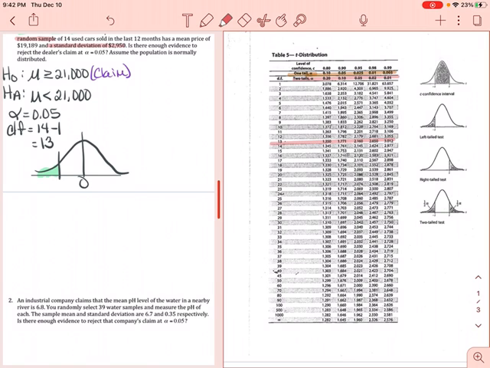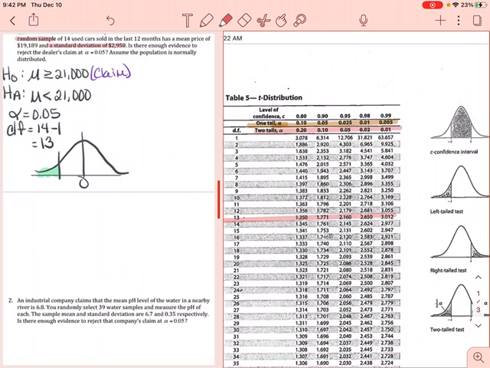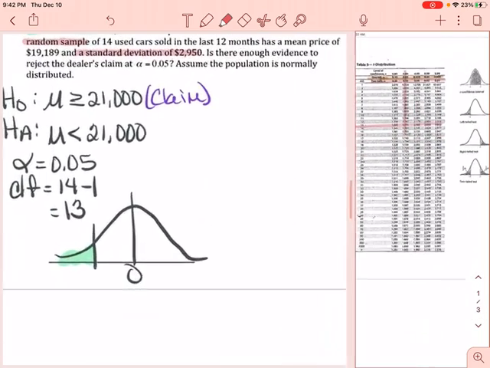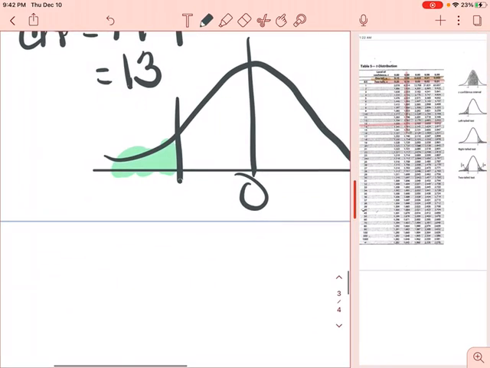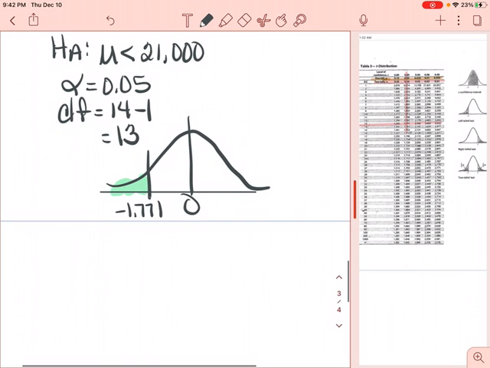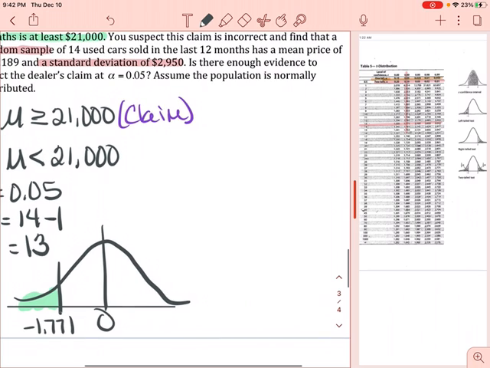Okay, there's row 13. And we're looking in 0.05 in a one tail test. So 1.771. And it's going to be negative because it's left. There we go. So we're going to create our test statistic. We're going to compute that, and we're going to see if it is to the left of negative 1.771.